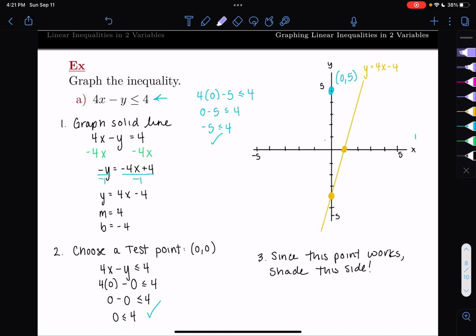So picking a different point still gave us a right solution to the inequality. This entire region is going to satisfy the inequality. That is all we're doing in this section. You graph the line, pick a point. If the point works, you shade it. If it doesn't, you shade the opposite.